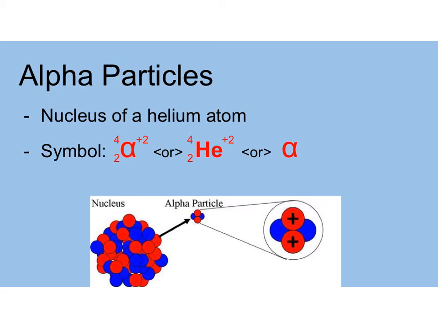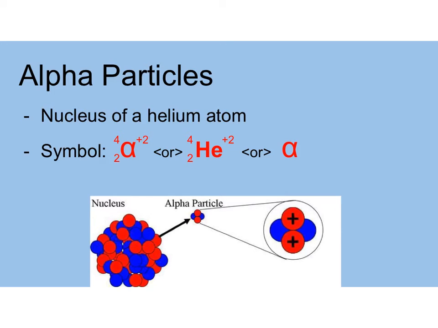Now we're going to start to fill out some information with the data table on the bottom. We need to first remember what an alpha particle is. Remember, an alpha particle is just the nucleus of a helium atom. We have a few different ways that we can draw this. We can do the little alpha, which has the atomic number of 2, the mass of 4, and then the charge of +2 because there are no electrons.